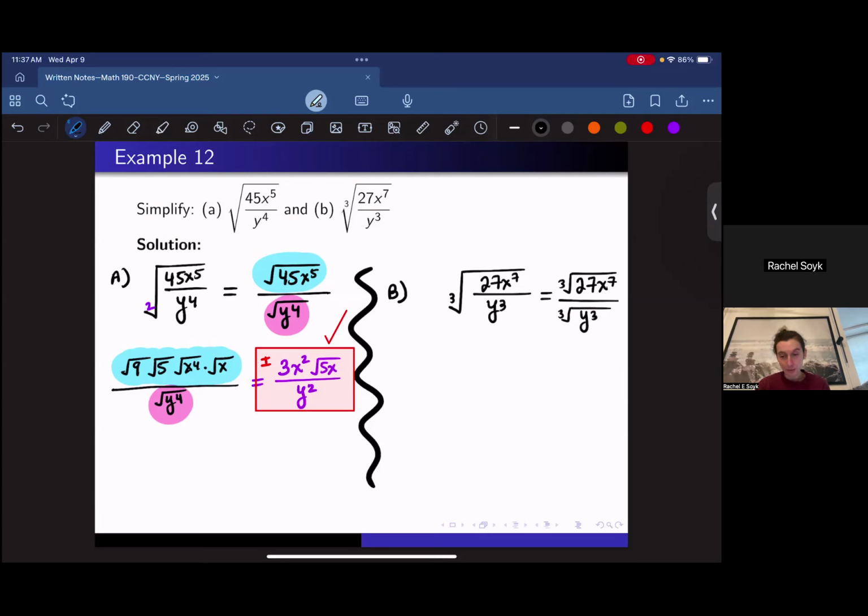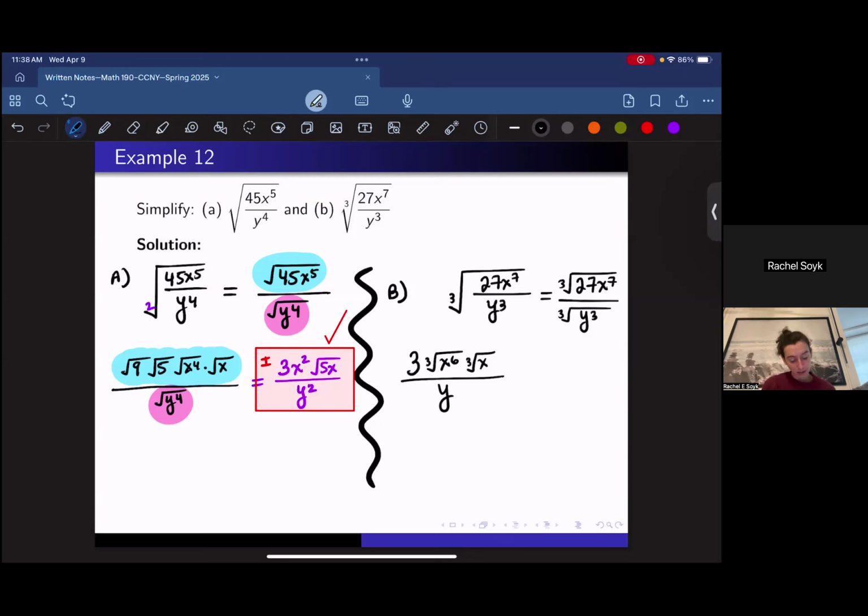Cube root of 27 is just 3. And then we have the cube root of x to the 7th. We can change that to the cube root of x to the 6th times the cube root of x. And then we have the cube root of y to the 3rd. That's just y.